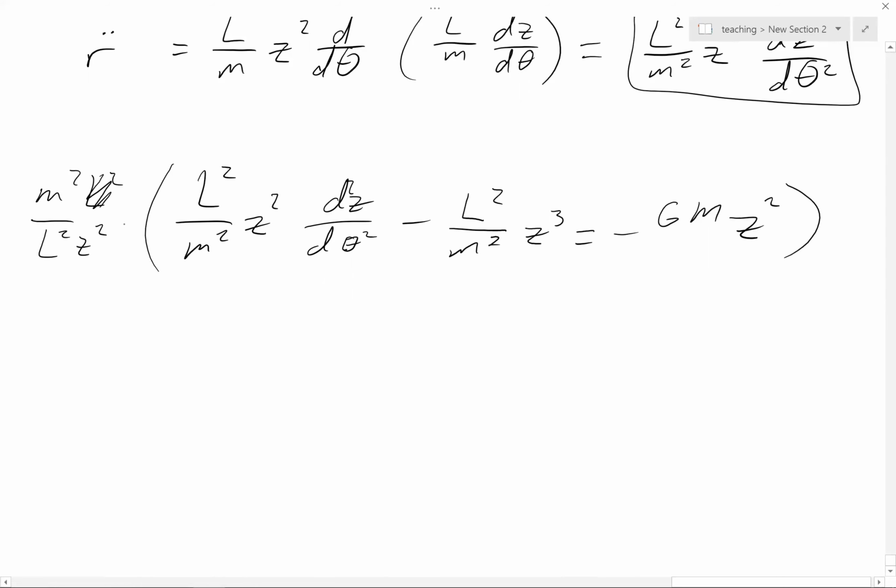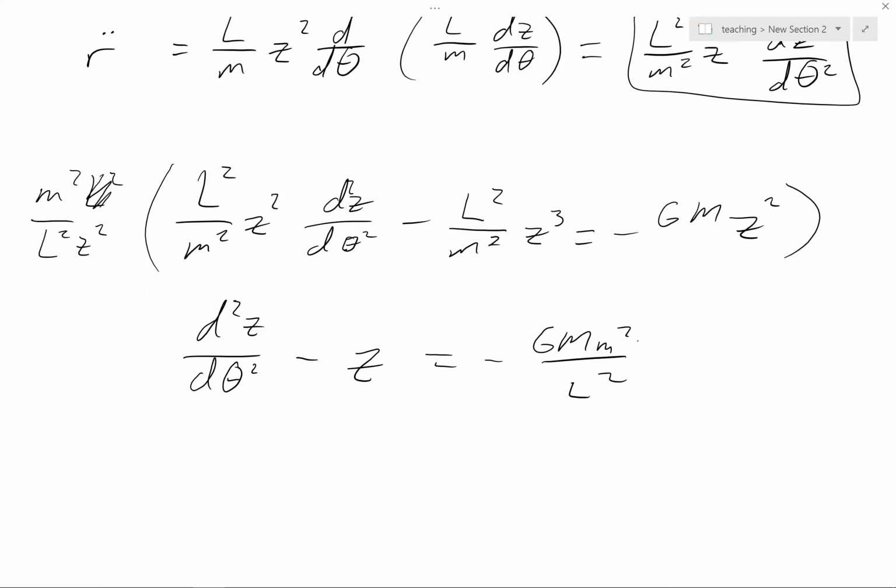So that gives me d squared z d theta squared minus z equals minus gm m squared over L squared, if I did all my algebra right.